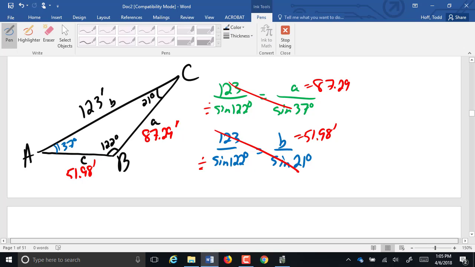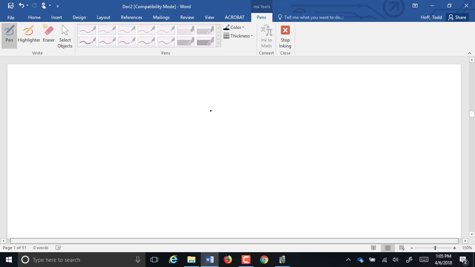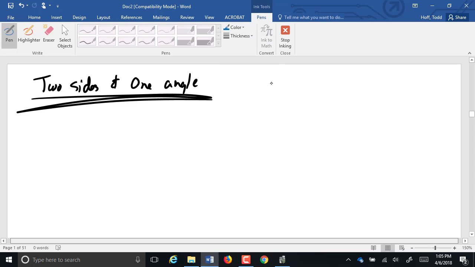Okay. Now, it becomes a little bit trickier when we are given two sides and one angle. So we're going to look here at two possible cases.